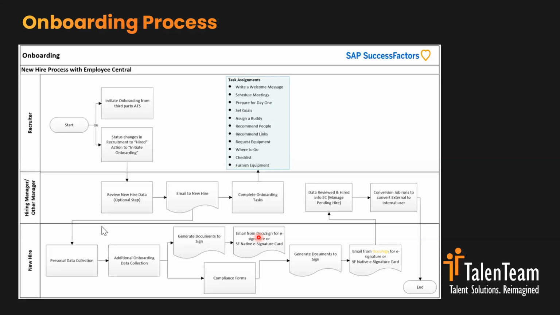Maybe in onboarding, we may have to collect some policy agreement documents from the candidate. The candidate may have to sign a security safeguarding policy, equipment usage policy, or an NDA, non-disclosure agreement. For such policy agreement documents, you may have to get the signature from the candidate.